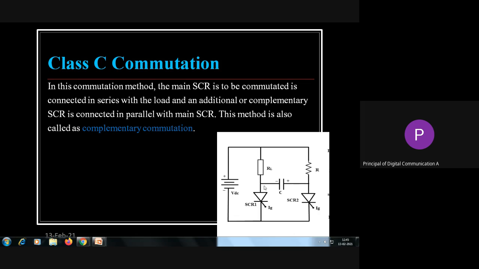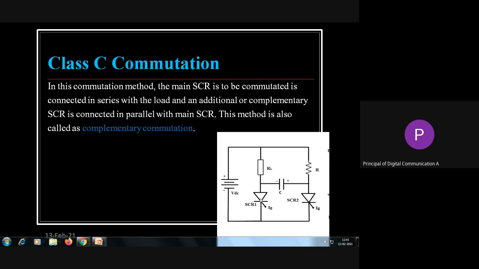Now see the connections carefully. Draw these connections also in your notebook. Give the name class C commutation. How it works and how it makes the SCR1 off, because our main target is to make the SCR1 off.